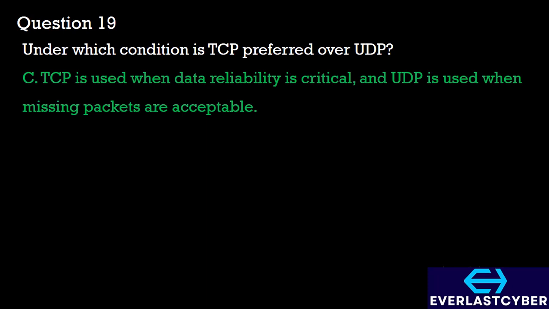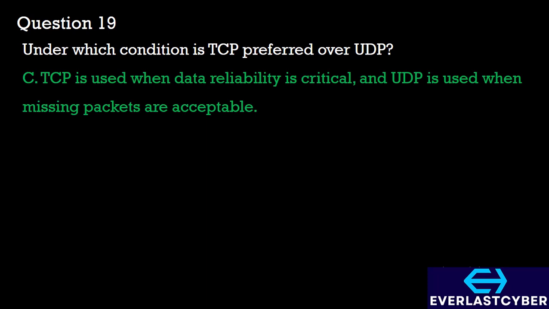TCP is a connection-oriented protocol that ensures reliable data transmission. So it uses mechanisms like error checking, acknowledgement, and retransmission of lost packets, and this makes it ideal, especially where data reliability is critical. UDP is a connectionless protocol that does not provide reliability, error checking, or ordering.